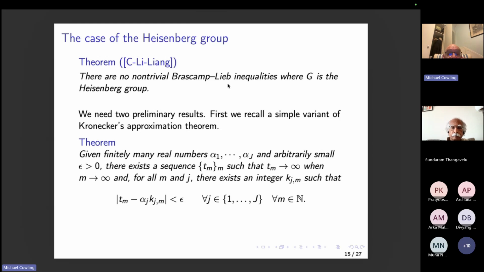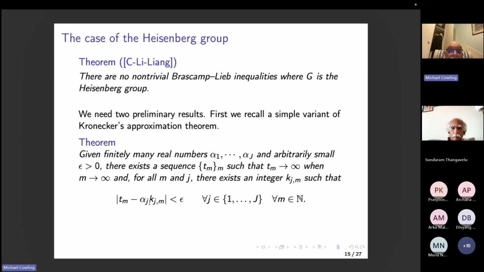So if we're going to do this, we need two preliminary results. One is a result in number theory, and it says the following. If you're given a finite number of real numbers and any small epsilon, then you can find a sequence Tm going to infinity so that for all m and for all j, there's an integer so that the Tm is very close simultaneously to an integer multiple of each of the alpha j's.